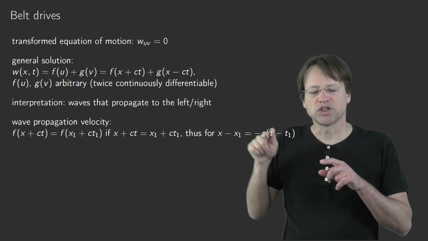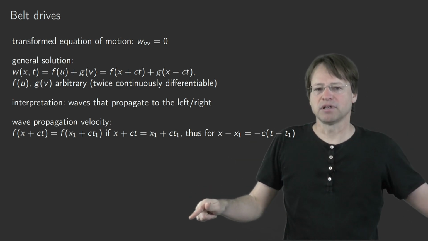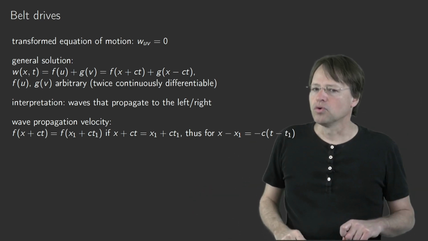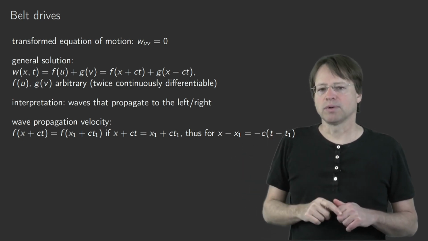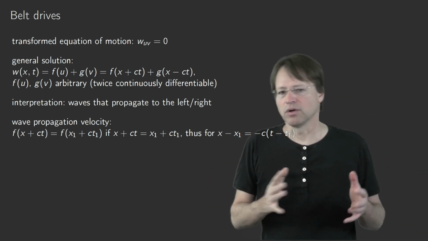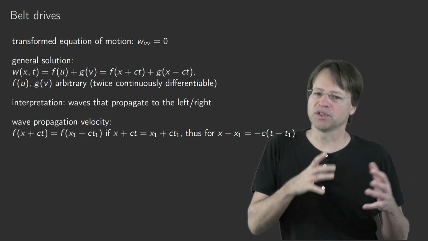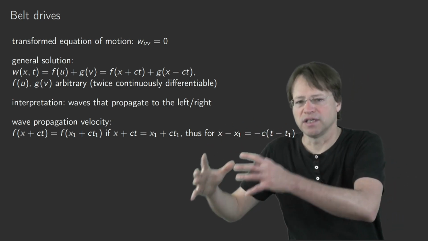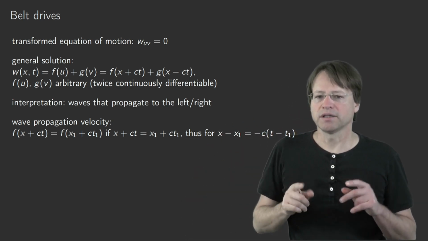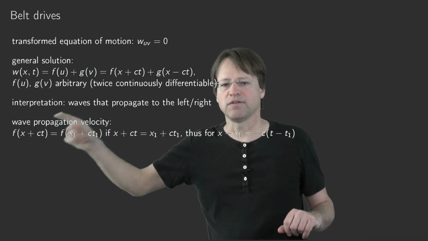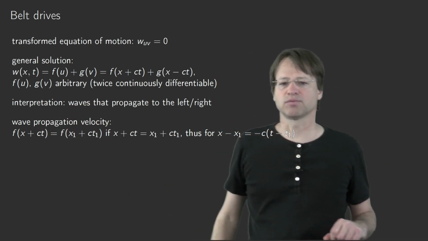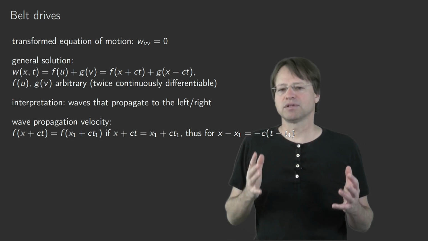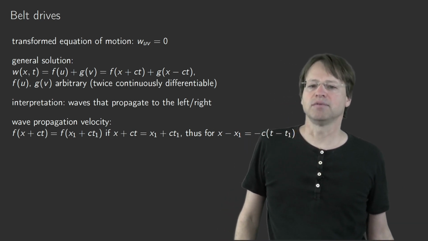However, you can change x independently from t. So if you move the quantity x, you will get to a point where f(x+ct) is equal to f(x1+ct1), and thus where the solution has the same value.